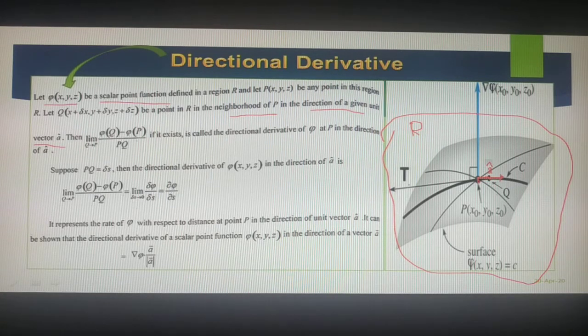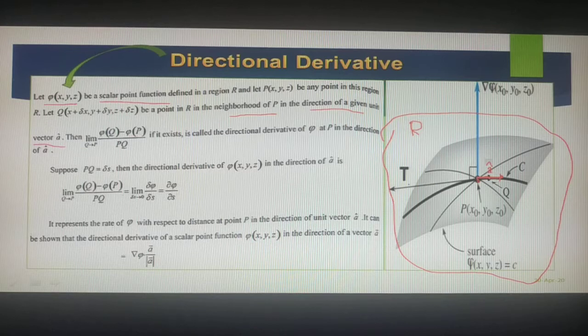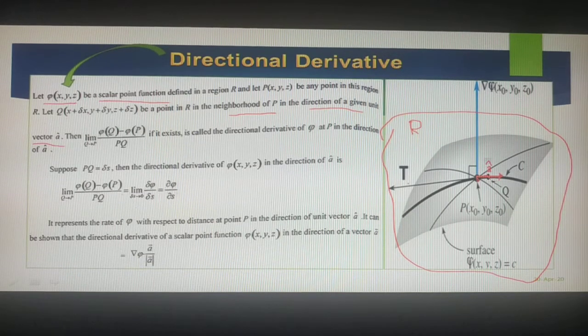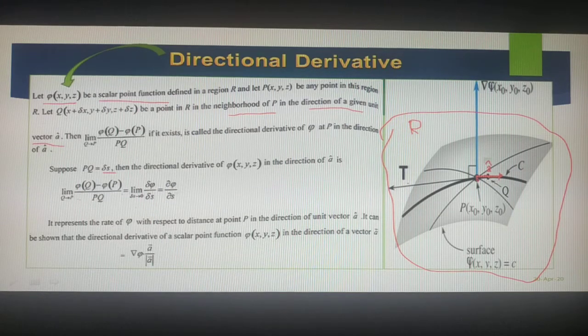So y2 means here the function value at Q, isn't it? So that is phi of Q minus phi of P by x2 minus x1, which means here the difference PQ. So here I am taking the difference PQ as some delta s. Right.